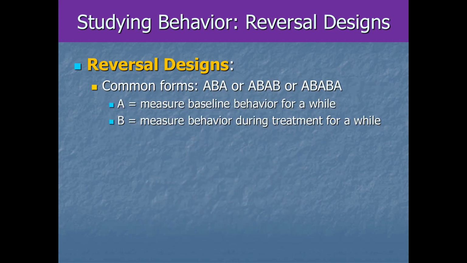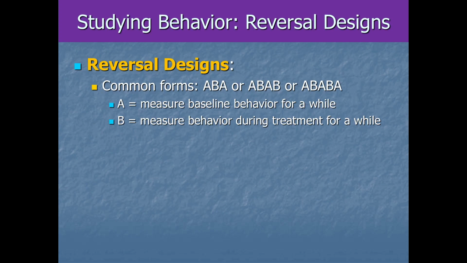Now, you can do this baseline treatment reversal many times, or just do the flip a few times, depending on how much time you've got and the cost involved and how confident you need to be in your results. So if it's a huge or expensive policy change at a big school, then you may only be able to do the reversal a few times, whereas if you're studying rats in a laboratory, you can maybe do it 10 or 15 times or more.